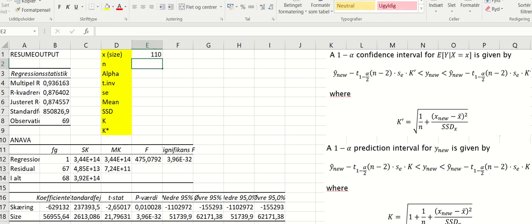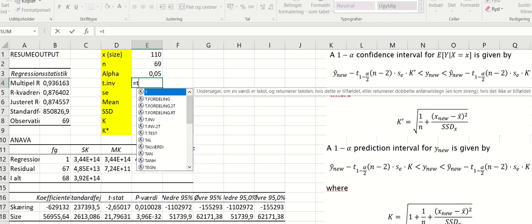First of all, we'll need the n. N is the number of observations. Here we have the number of observations n. For the alpha, we want a 5% significance value, so it's 0.05, which gives us our t inverse.